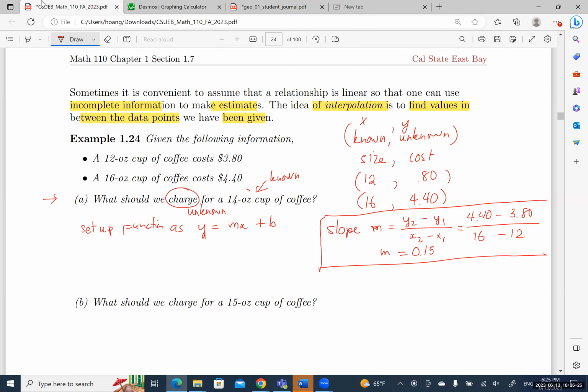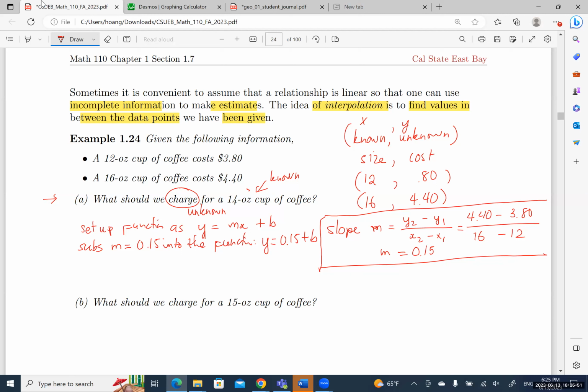You can substitute m equal to 0.15 into the function. We have y equals 0.15x plus b.